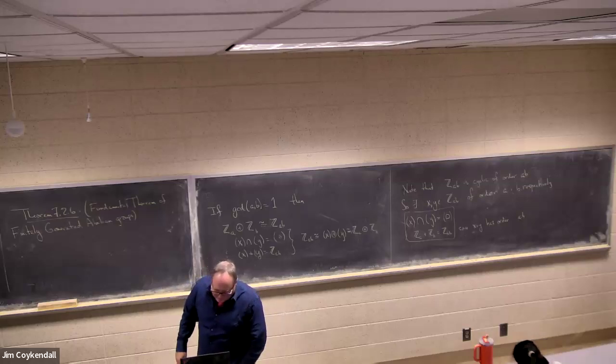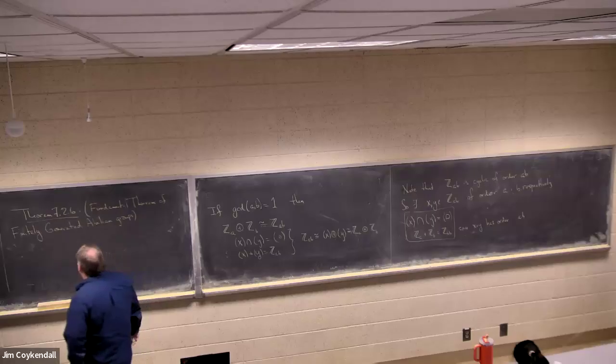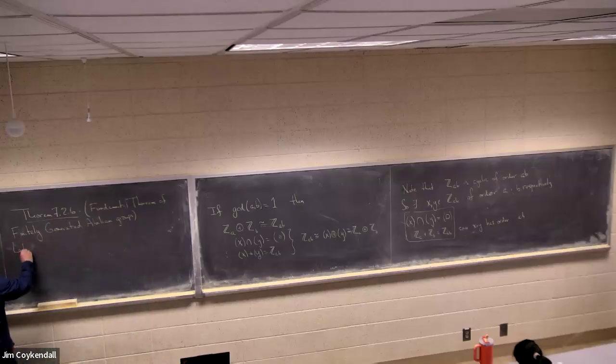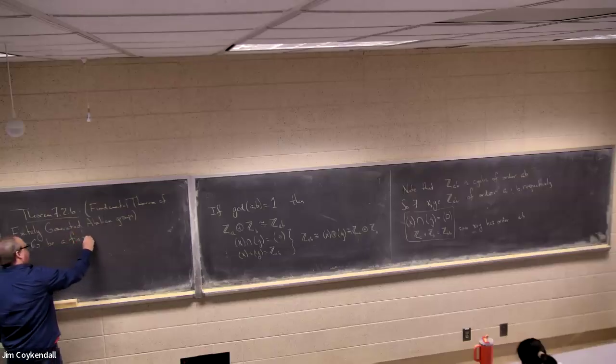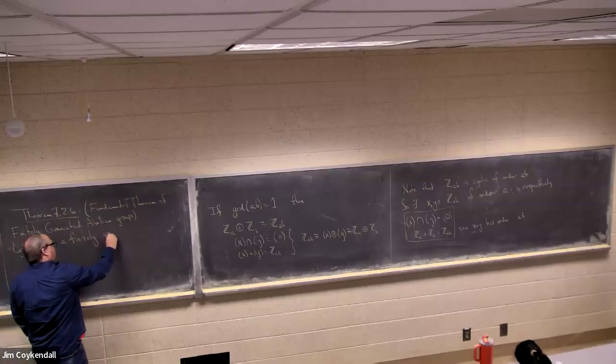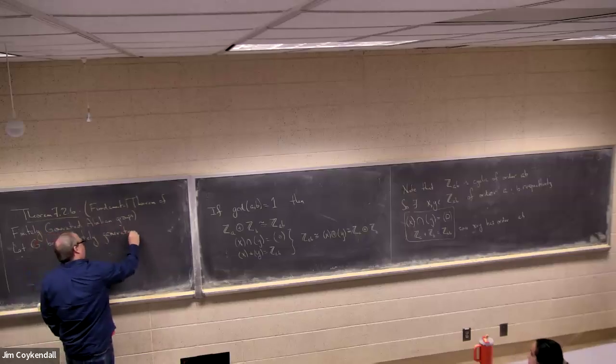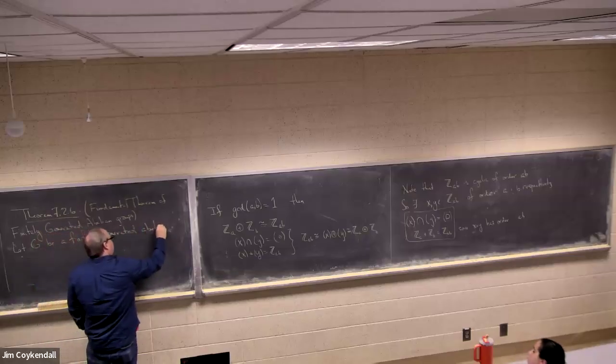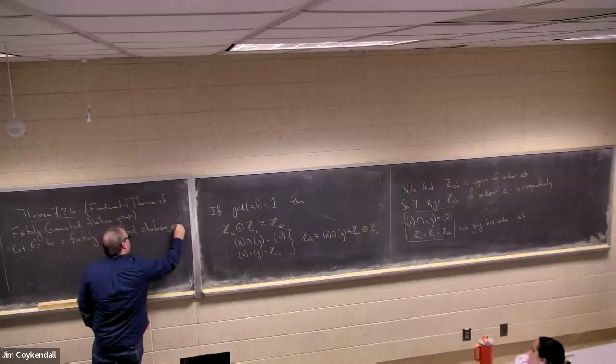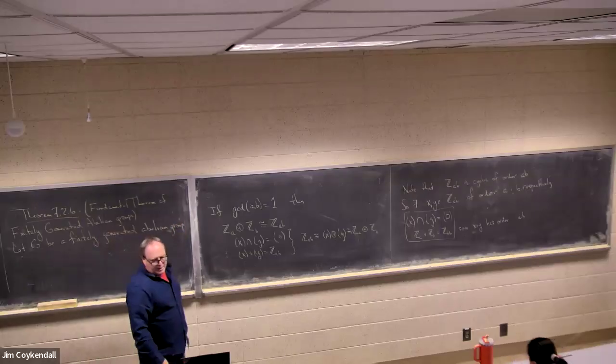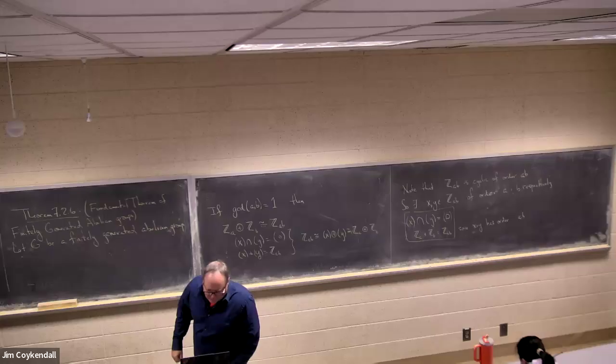Any finitely generated Abelian group is isomorphic to the following.